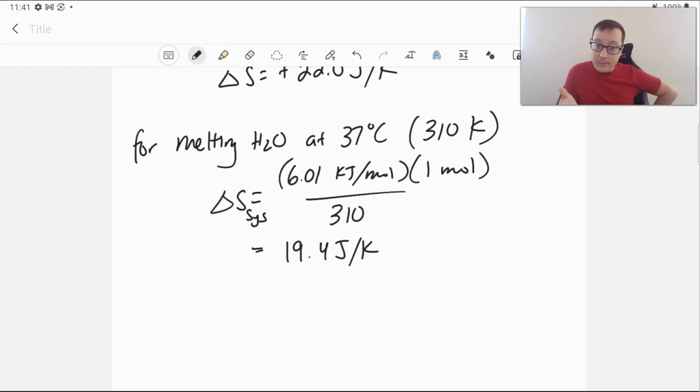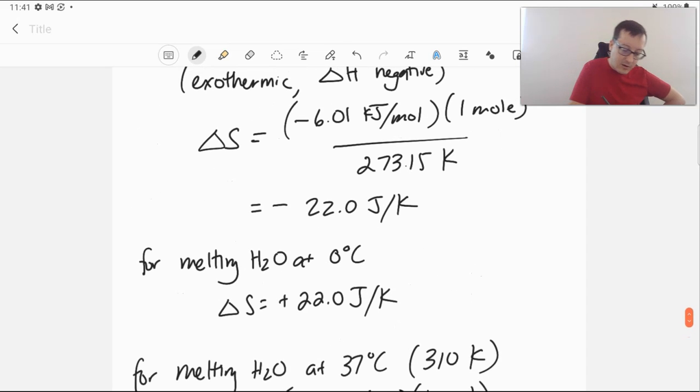As we know, for the surroundings, the delta S would be the opposite, right? It's the same thing for our exothermic versus endothermic processes. Anything that happens to the system, the opposite happens to the surroundings, right? That's our first law of thermodynamics, that energy is not created or destroyed, right? It's transferred only.